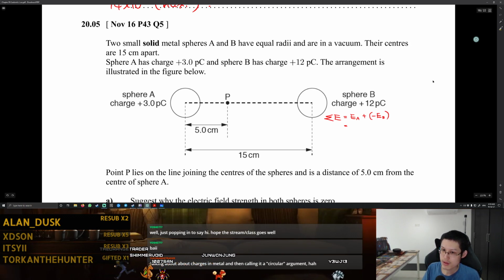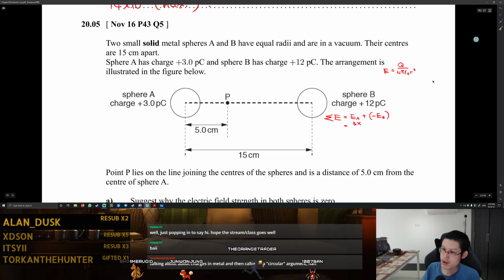So E is electric field strength, which is Q over 4 pi epsilon r squared, right? So the first one is going to be 3 picocoulomb, so 10 to the power minus 12.